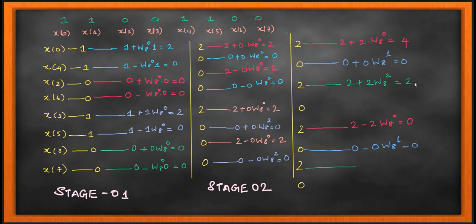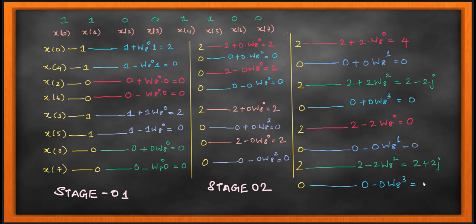So for my stage 3, what's happening is I take my first even and I pair it with my first odd. Good. Then I take my second even and pair it with my second odd. Then I take my third even and pair it with my third odd, and my fourth even with my fourth odd. That is exactly what's going on in your stage 3.